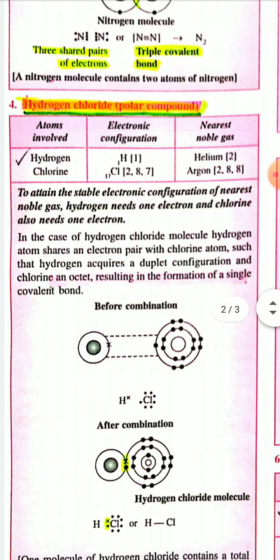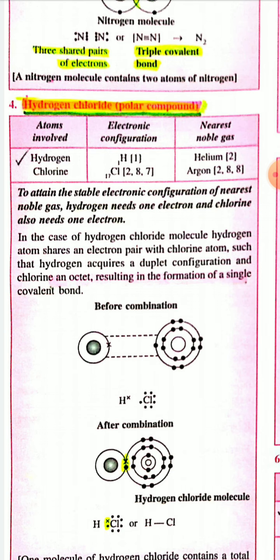Next, hydrogen chloride molecule, which is a polar covalent compound. In the hydrogen chloride molecule, you know hydrogen has one electron in its only shell, and chlorine has 7 electrons in the outermost shell. Both hydrogen and chlorine need one more electron to become an octet, that is, to attain the stable electronic configuration of the nearest noble gas.